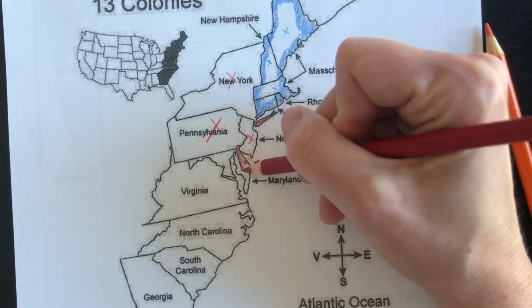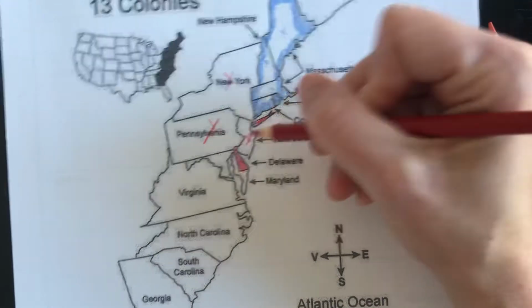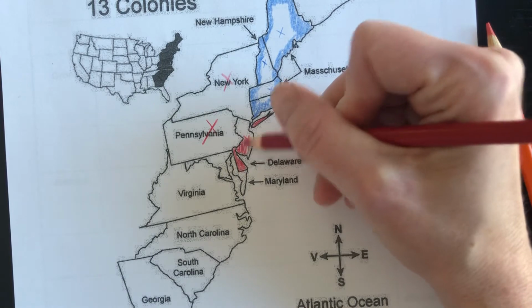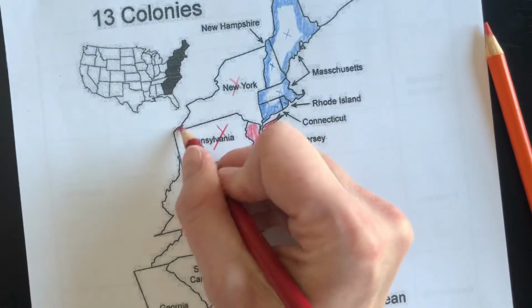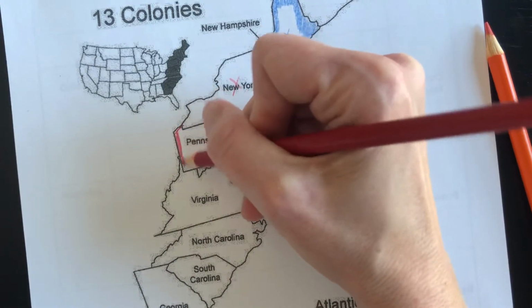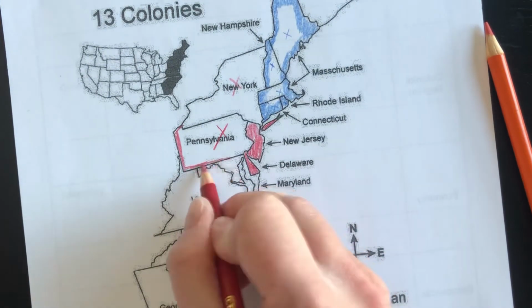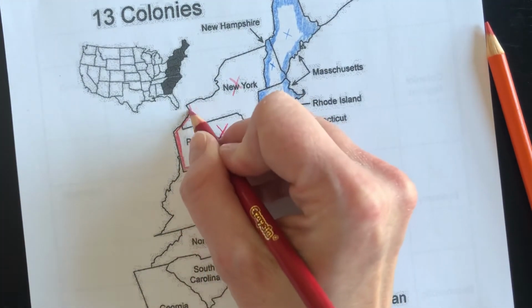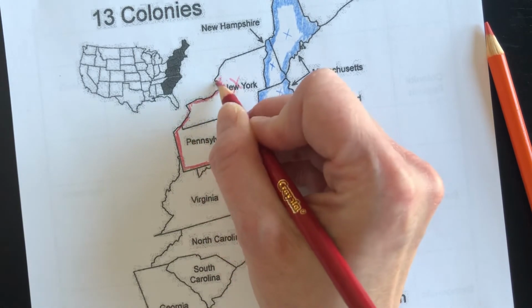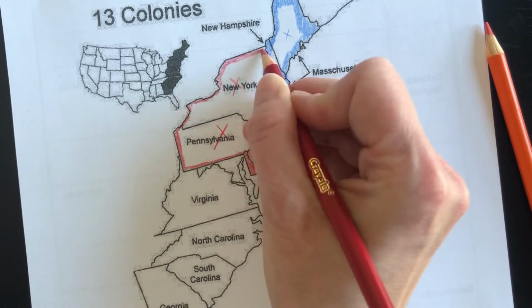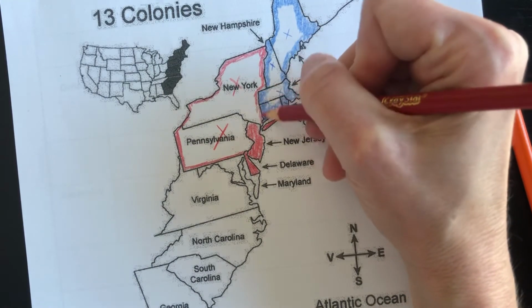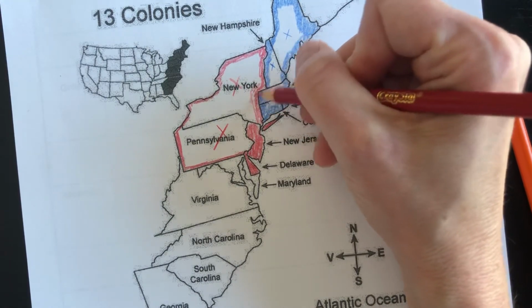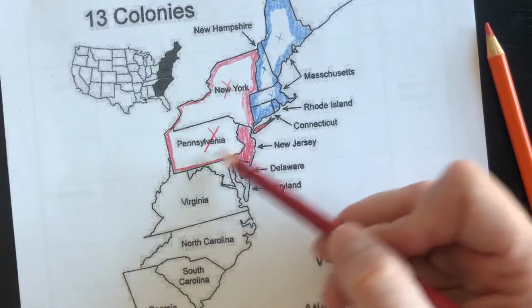So only this little piece for Delaware, and then here's our New Jersey, and then we're going to have our outline here. Pennsylvania, New York, and later on I can go back and make sure that I color all that in.